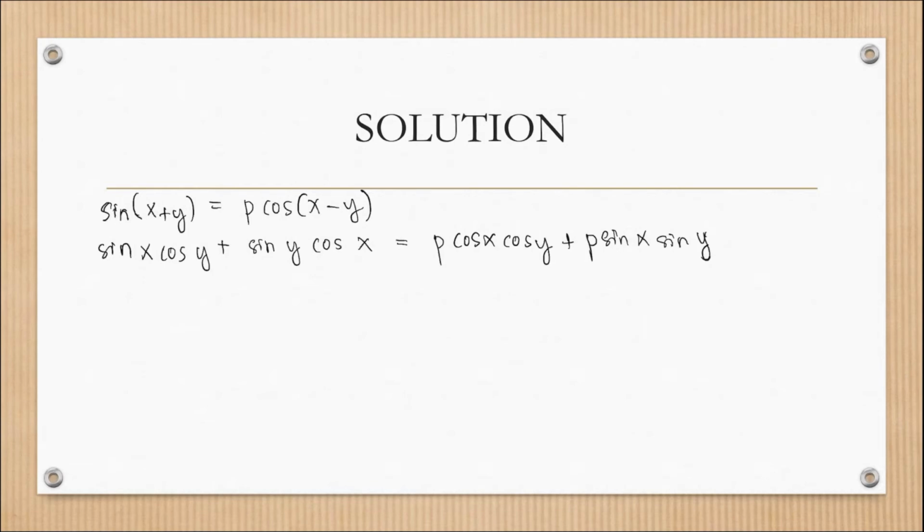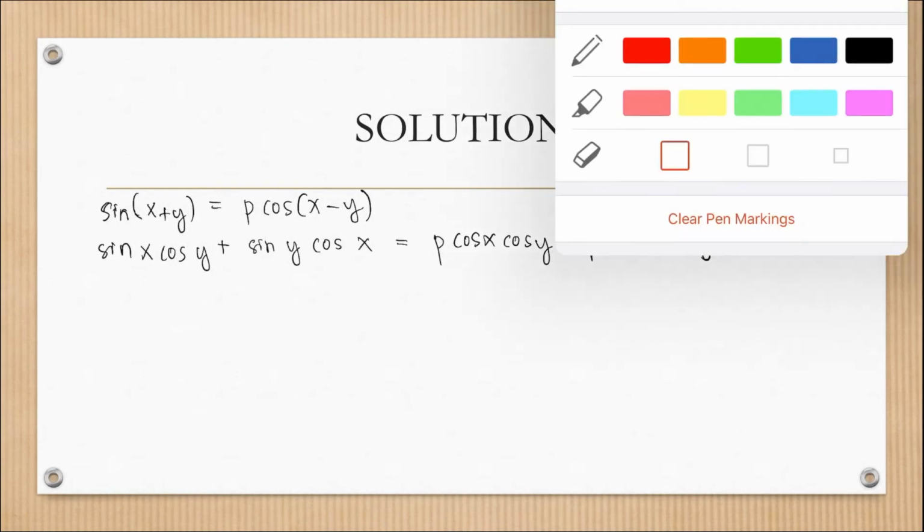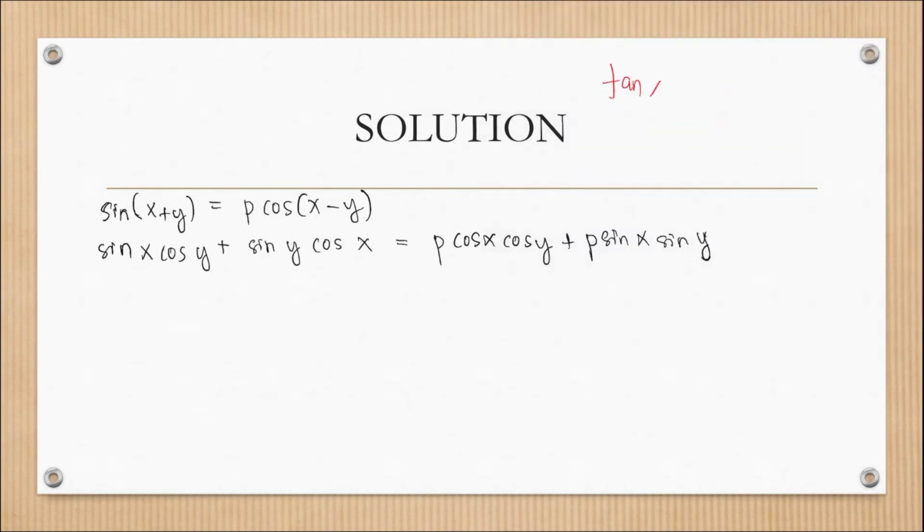Now if you see in this equation, there is no tangent x, tangent y. So in order to get tangent x and tangent y, let's look at the definition of tangent. Tangent is sine per cos. So remember, tangent x is sine x per cos x, and tangent y is sine y per cos y.